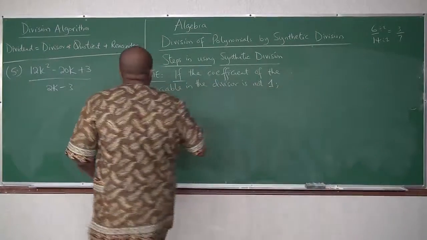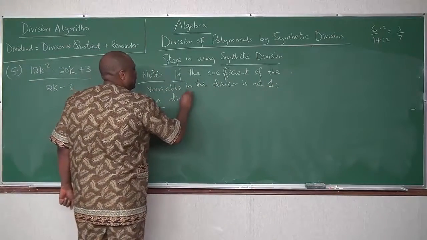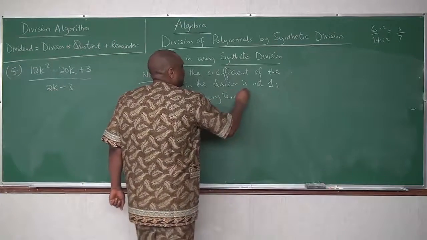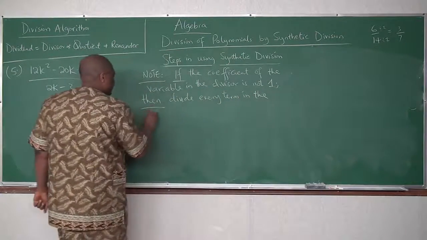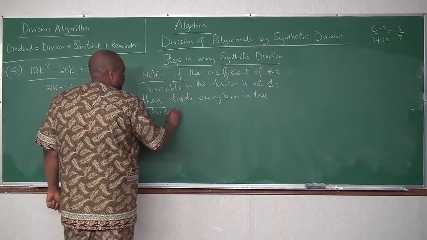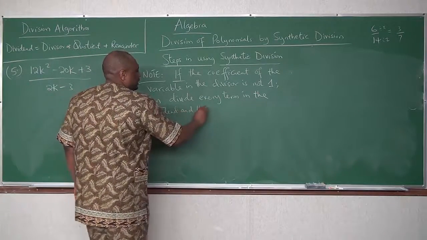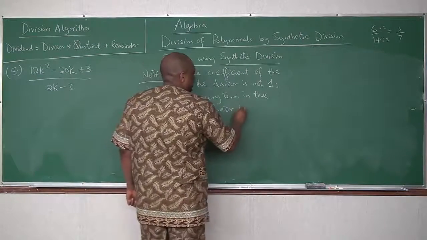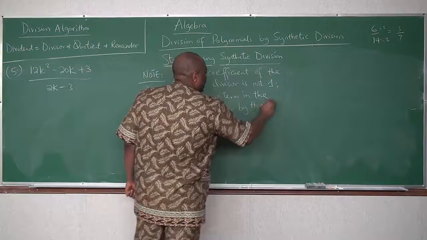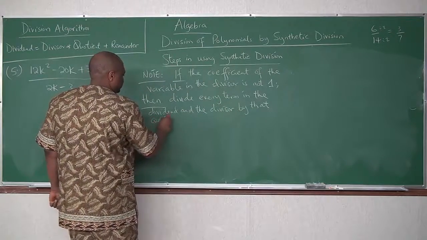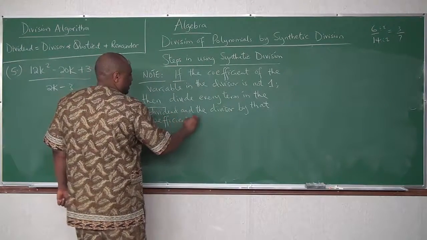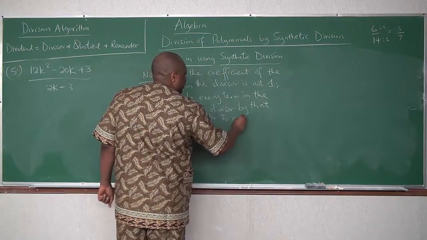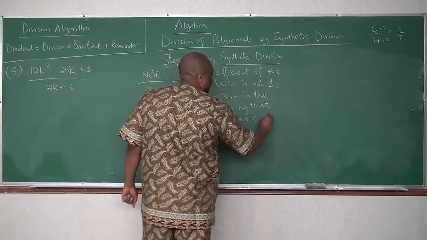Very important. Then divide every term in the dividend and the divisor by that coefficient in order to make it 1, in order to make it unity.